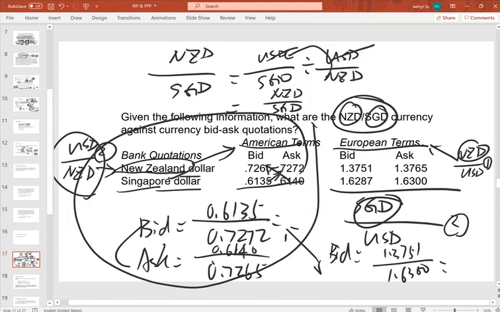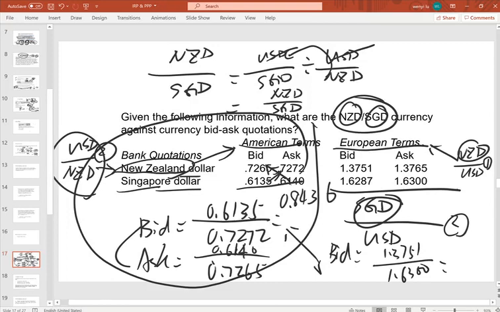If you don't believe it, we can double check it here. So 0.6135 over 0.7272 equal to 0.8436.